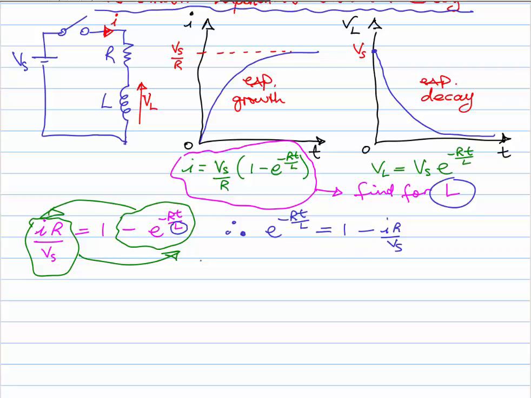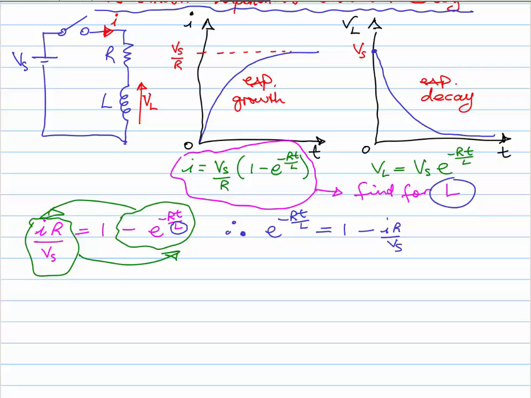Then maybe it's a good idea to hit both sides of this expression with a log e. The reason being, it will obliterate that e to the whatever there. So that power will be what you see on the left hand side, which is quite good, because that's going to allow us to easily release L, and that's our target.